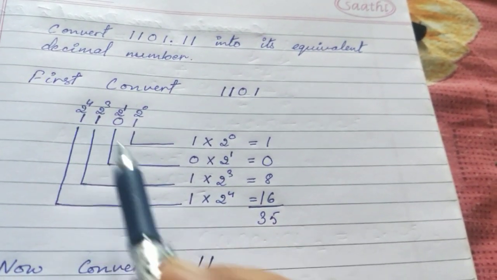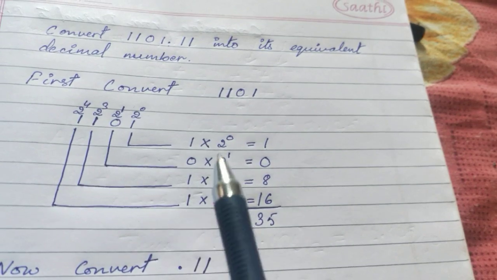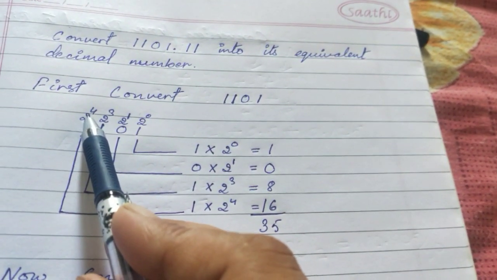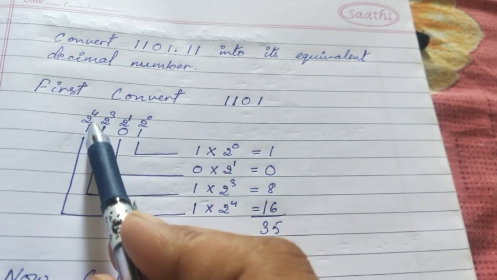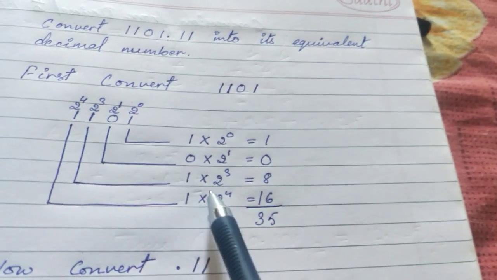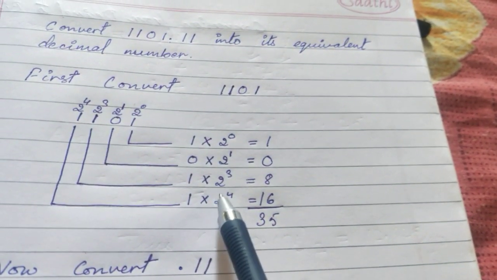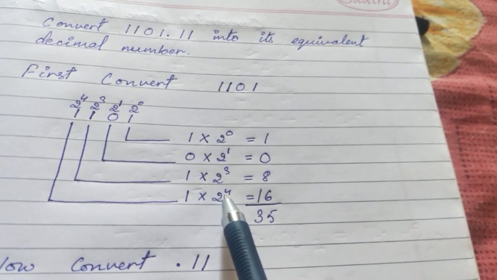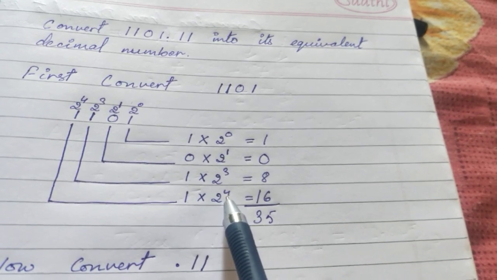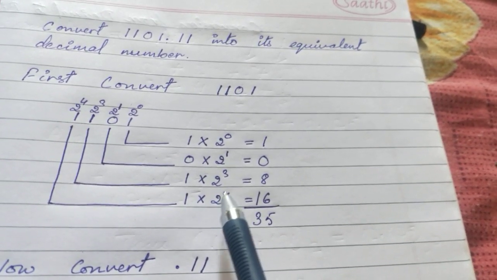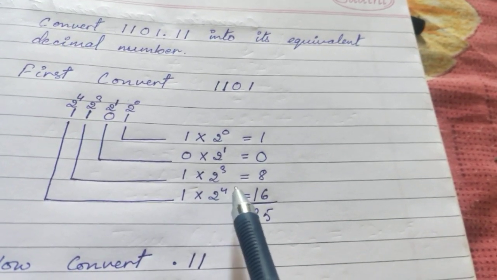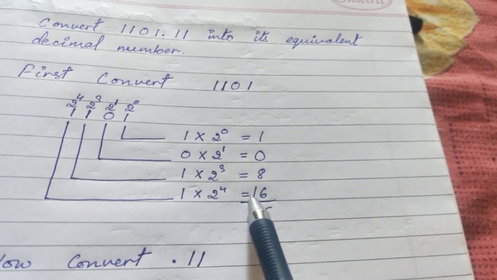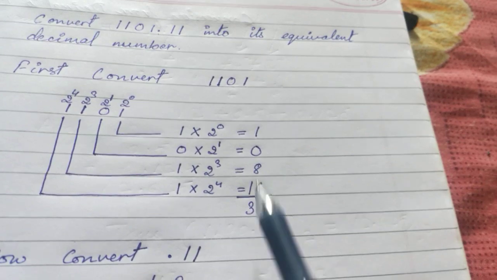Now again you have got 1 over here, you'll write it down here. Now you have got 2 to the power 3 above this 1, so you will multiply it with 2 to the power 3. 2 to the power 3 means 2 three times: 2 into 2 is 4, 4 into 2 is 8. So 8 into 1 will be equal to 8.